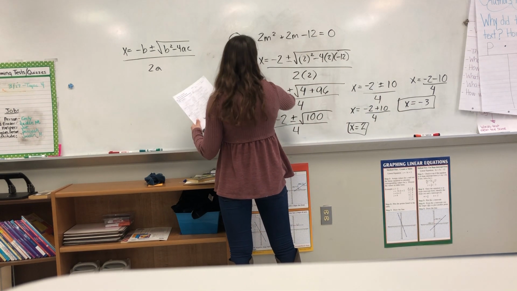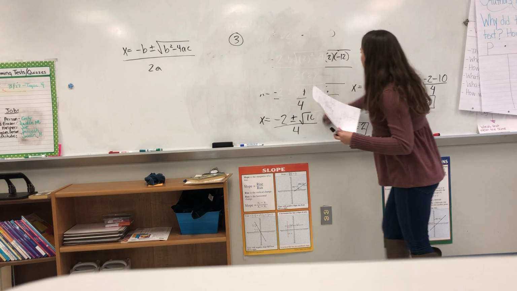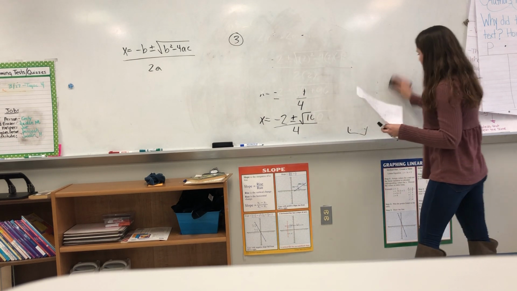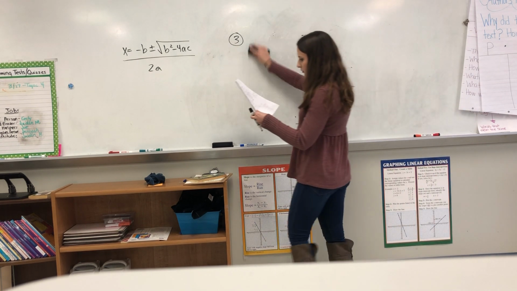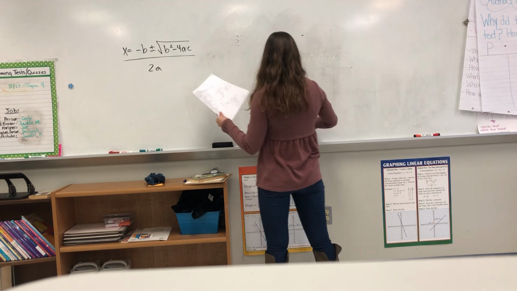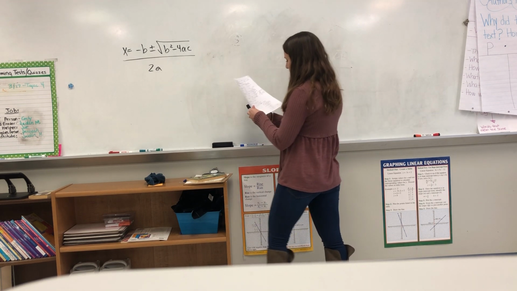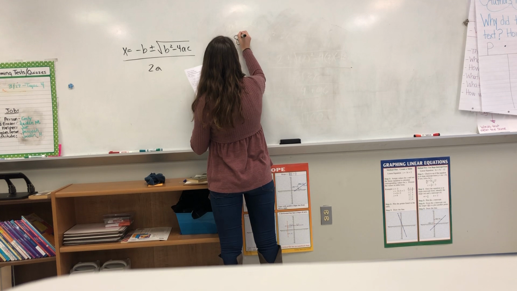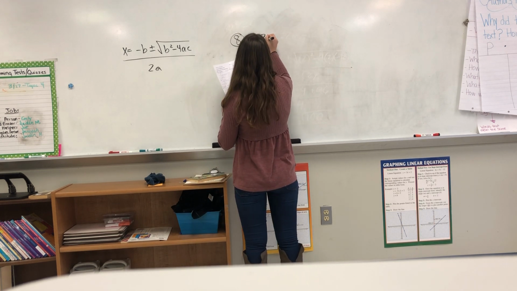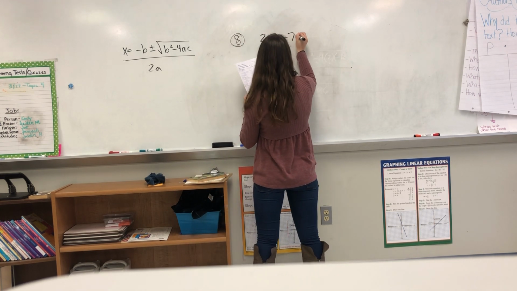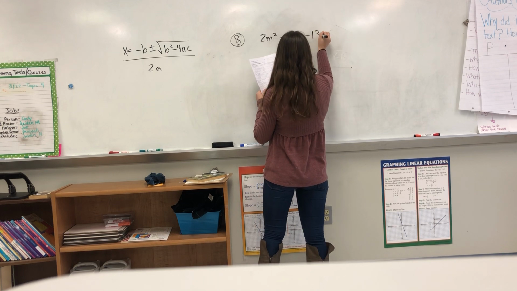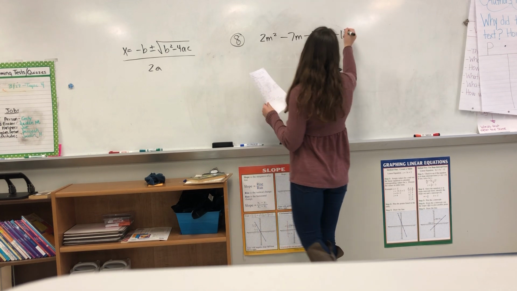Okay. Final example. Number 8 on your worksheet, 2m squared minus 7m minus 13 equals negative 10.